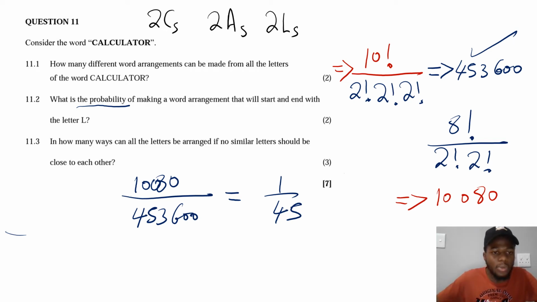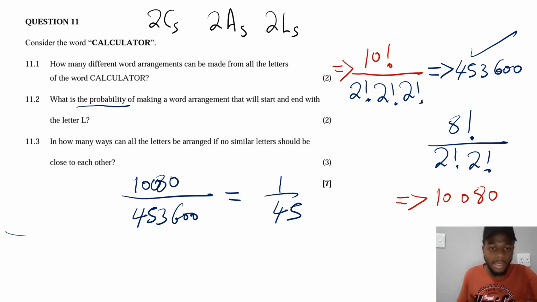Then the last question says, in how many ways can all letters be arranged if no similar letters should be close to each other? It means there will be no similar letters that will be close to each other. To answer this question, we can simply start with the number of ways when we've placed the similar letters close to each other.